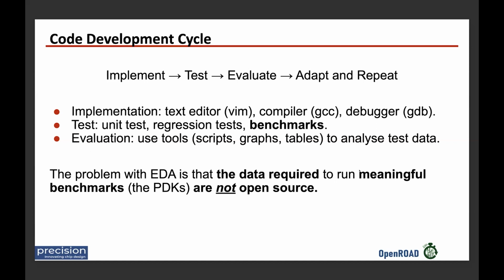But where it begins to be tricky with EDA is with benchmarks. And finally, for the evaluation, you can use Python scripts to generate graphs and tables to analyze the test data. So the problem with EDA is that the data required to run meaningful benchmarks, meaning the PDKs, is not open source. As I mentioned before, it is protected by NDAs, and it is very hard to get access to.